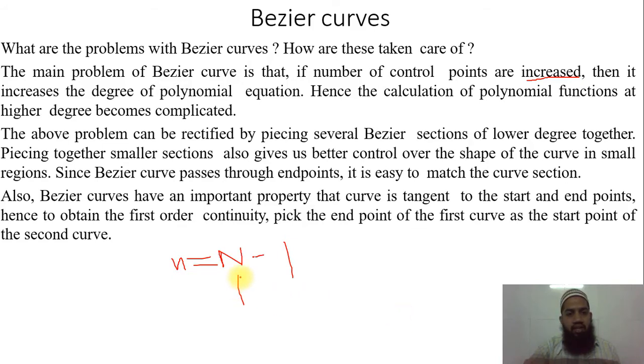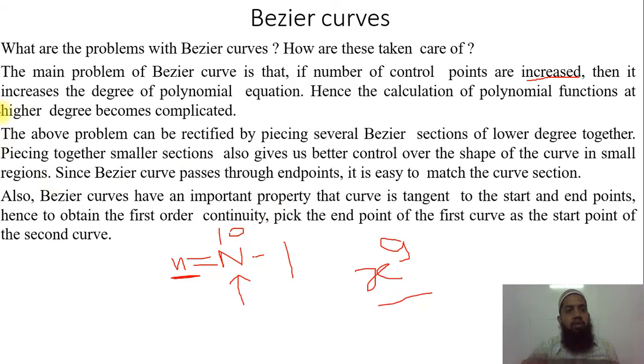If the value of N increases, for example, if I take N as 10, meaning we have 10 control points, then the degree of the polynomial will be x raised to 9. It is very difficult to solve this x raised to 9. So this is the major problem in the case of Bezier curves.